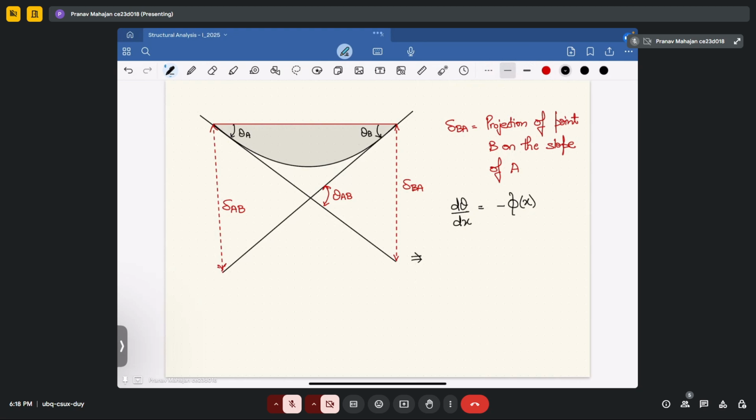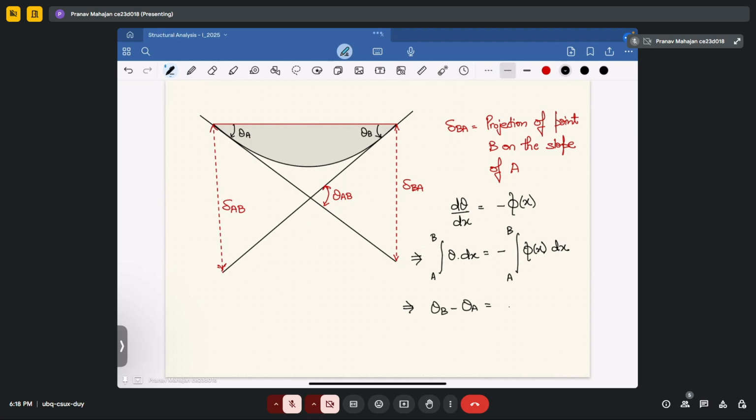If we integrate them, what will you get? If we integrate from A to B, you will get theta into dx, that will be equal to minus integral from A to B of phi of x into dx. Fine. So this you can write as theta B minus theta A.